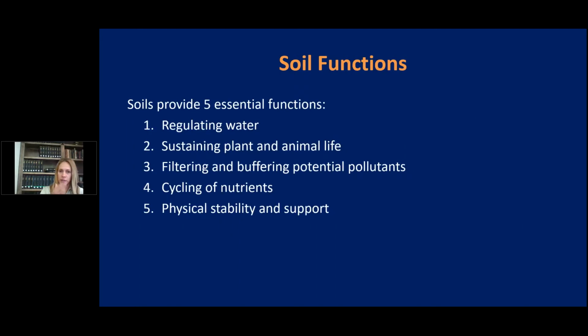So let's move to the next slide. This again is the definition of NRCS. Depending on the source, soil functions are defined differently, but according to NRCS, soil provides five essential functions. One is regulating water, or in other words, the cycle of water: it retains the rain and prevents flooding. This is important to both agriculture as well as urban communities.